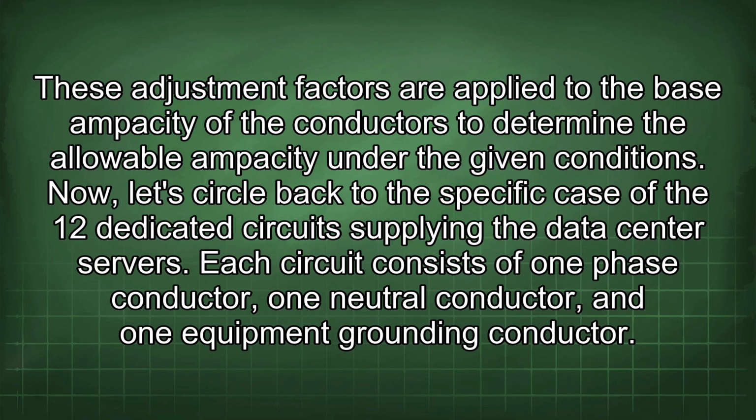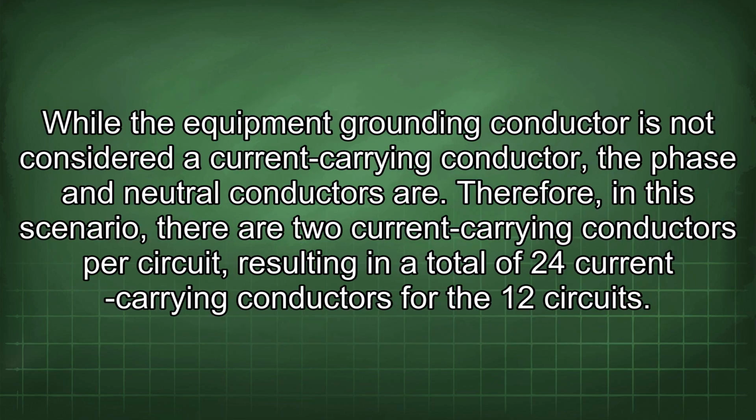Each circuit consists of one phase conductor, one neutral conductor, and one equipment grounding conductor. While the equipment grounding conductor is not considered a current carrying conductor, the phase and neutral conductors are. Therefore, in this scenario, there are 2 current carrying conductors per circuit, resulting in a total of 24 current carrying conductors for the 12 circuits.